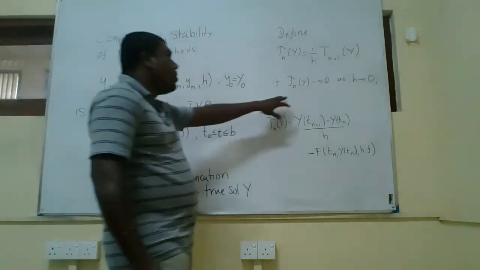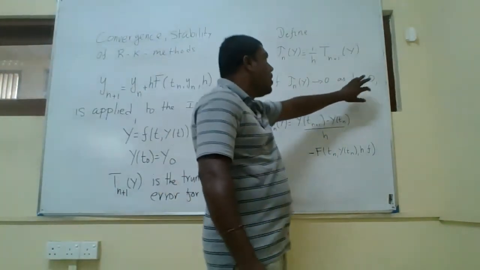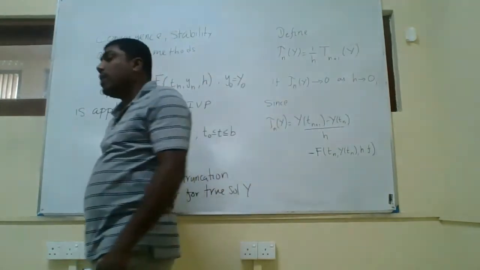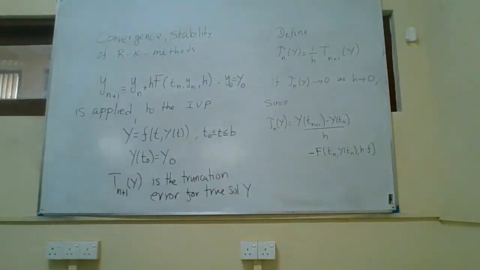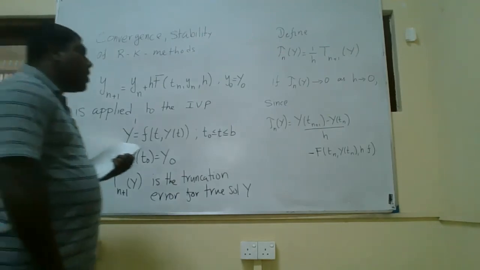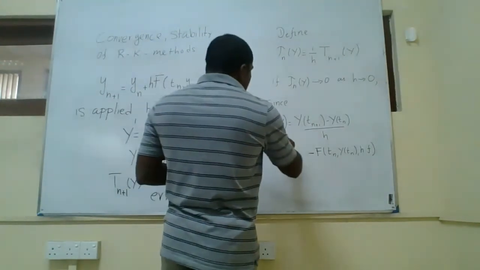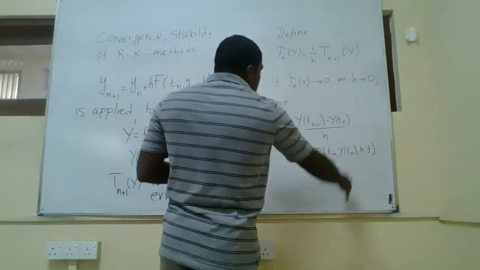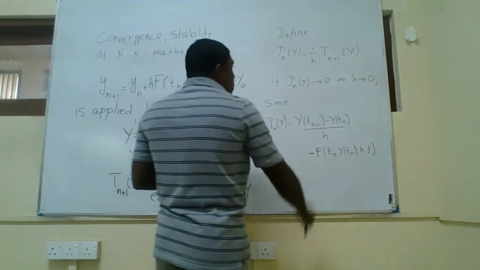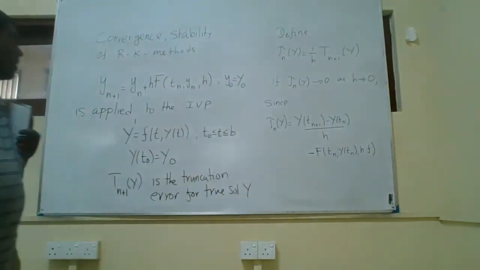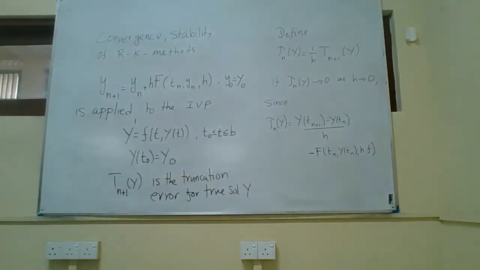Basically you want to show that tau_n(Y) goes to 0 as h goes to 0. That means the error goes to 0 as h goes to 0, right? So that is how you show convergence in this kind of numerical method. However, you know that the truncation error is this minus this, and you divide by h, so you get this, which you can easily see by looking at the truncation error.